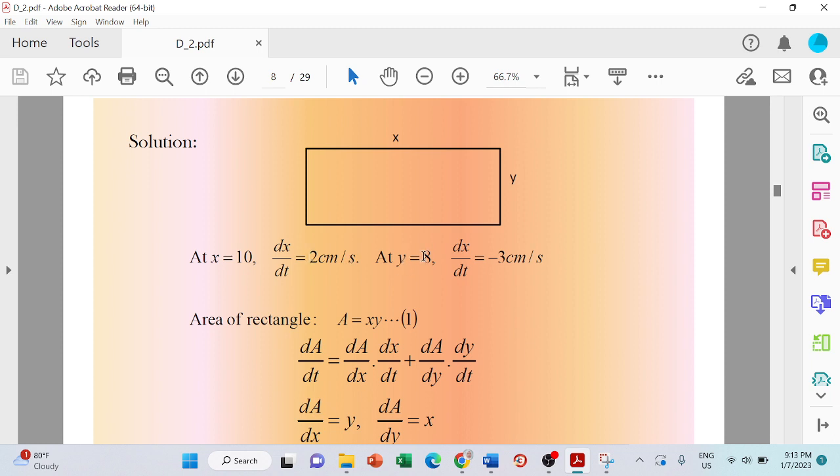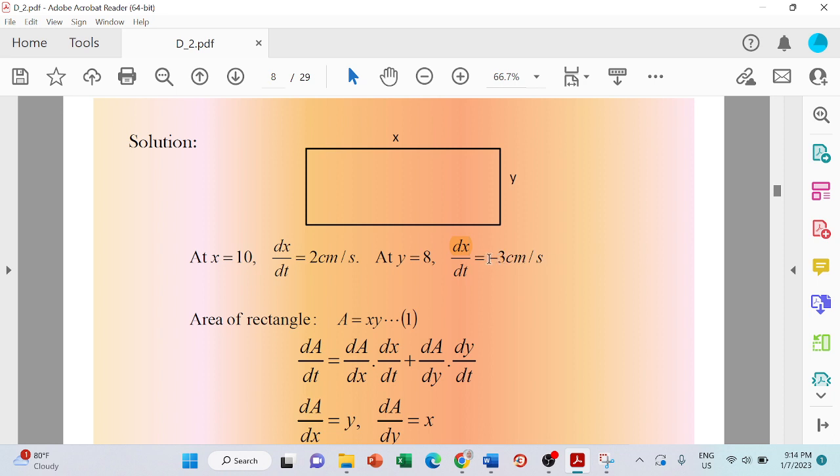For y, they stated that the rate of change for y will be decrease. Then the rate of change value for y, sorry, this is dy dt, sorry. Madam salah type sini. This part yang madam highlight ni tersilap, dy dt. dy dt as negative 3 centimeter per second.